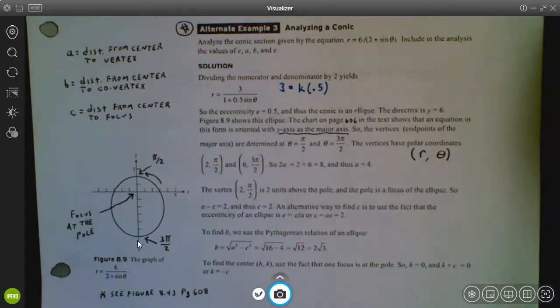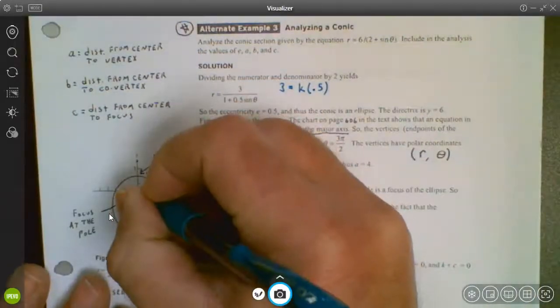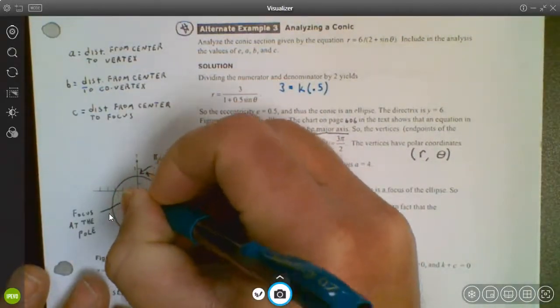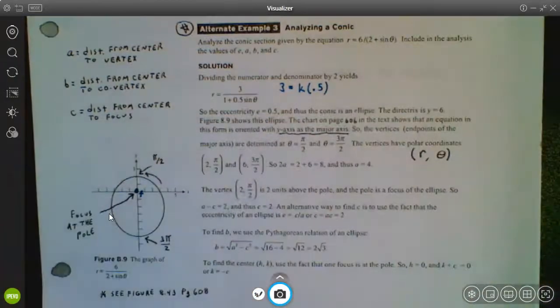One of the key things to keep in mind is they're using the focus at the pole at 0, 0 as a key point here. So we're determining all this information from a graph with our focus being at the pole. One of our foci is right there, so we've got to keep that in mind.